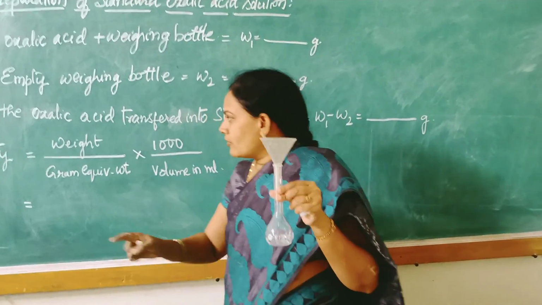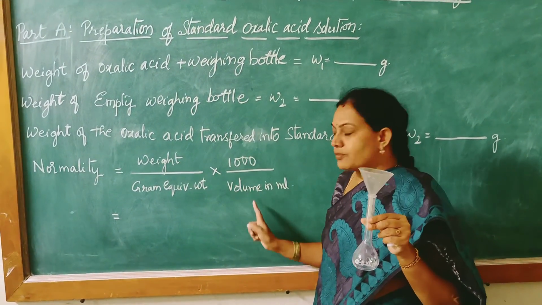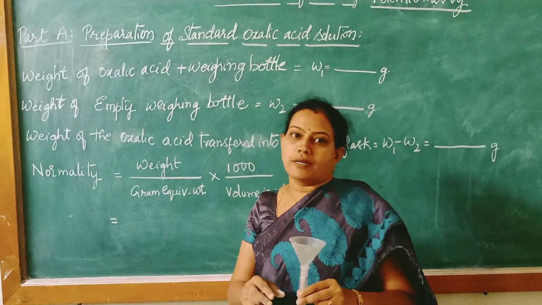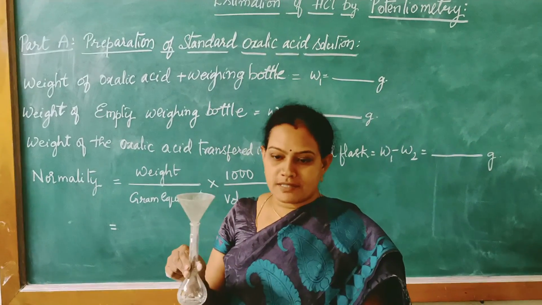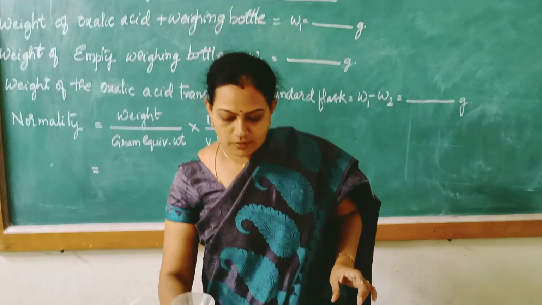With the help of this normality equation, weight by gram equivalent weight into 1000 by volume in ml, we will be able to find out the concentration of the primary standard solution, that is of oxalic acid. Now we will just check out the procedure.